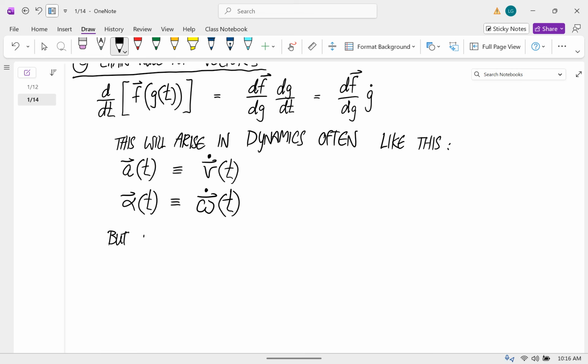But what if you're given the velocity vector or the angular velocity vector as functions of a position variable instead?